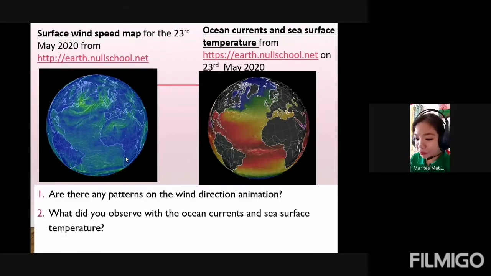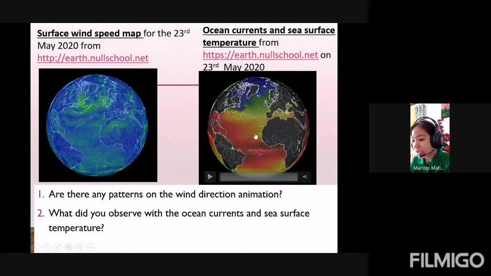Okay, now next question. What did you observe with the ocean currents and sea surface temperature? Kung papansinin natin mga anak, parang iba-iba yung kulay nila, di ba? Pag red, ibig sabihin yung mainit na part.